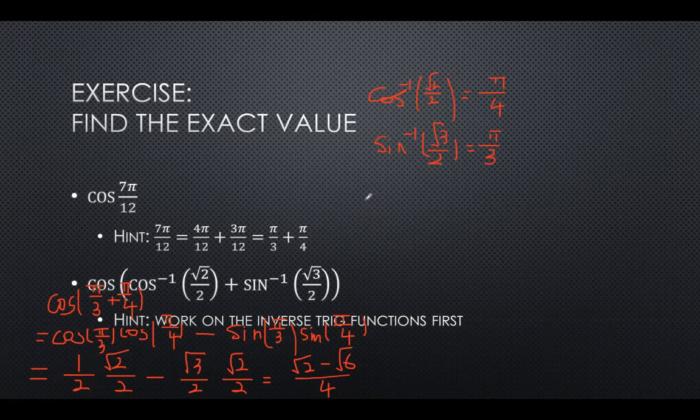All right, so this becomes cosine of pi over 4 plus pi over 3. And we just did it here. Any questions?